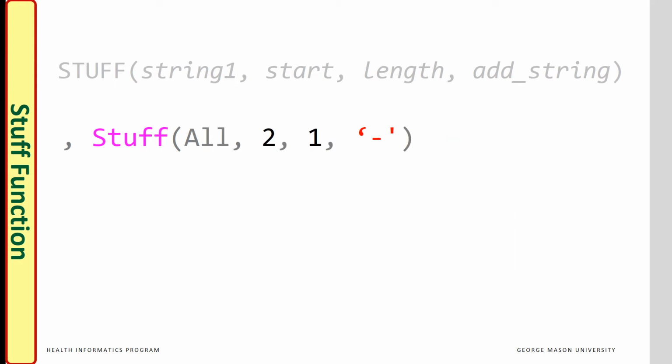Here is another example. Here we are instructing the computer to replace the second character in the string variable ALL with a dash. Recall that the ALL variable was a string variable containing binary indications of whether the patient was male, unable to eat, or unable to sit.